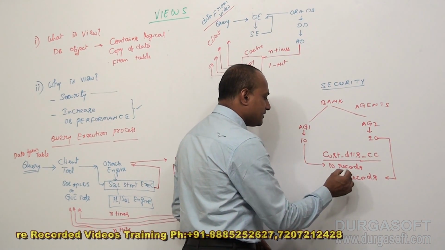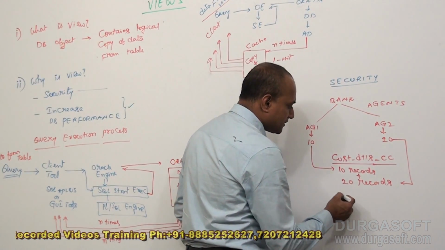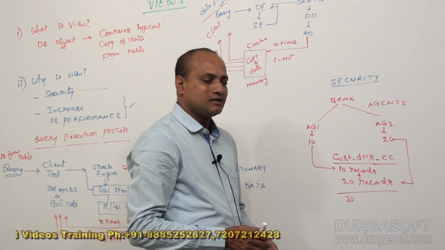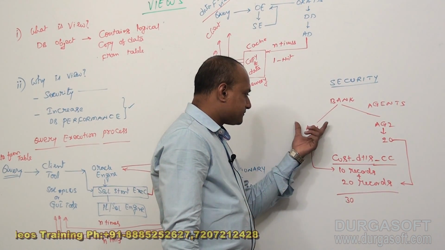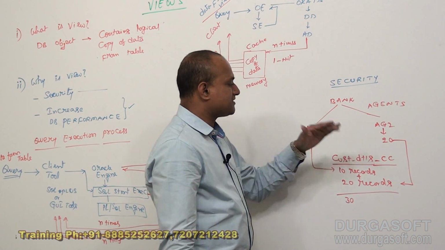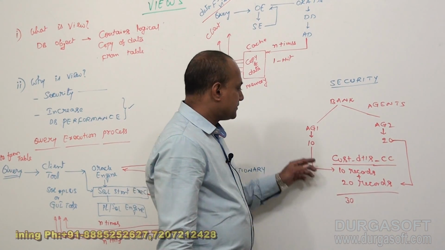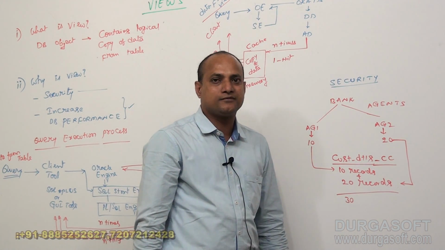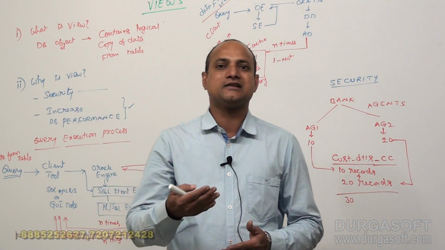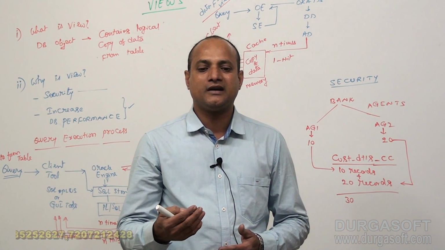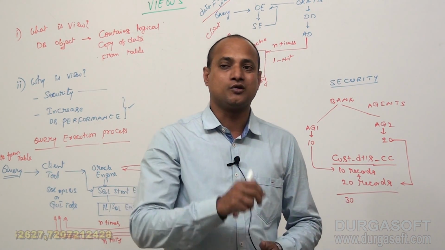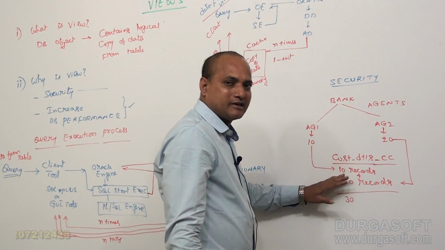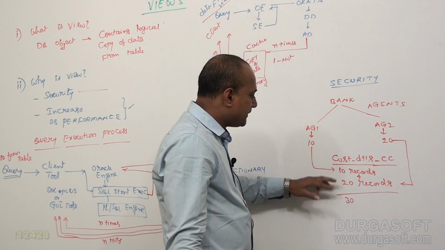So totally how many customers for the bank? Totally 30 customers. Suppose through this agent a new customer is coming, then the agent has permission to enter the details of the new customer. Before that, if he wants to verify customer details related to him only, and if agent 1 and agent 2 have direct access on the table, anybody can see the complete data from the table.